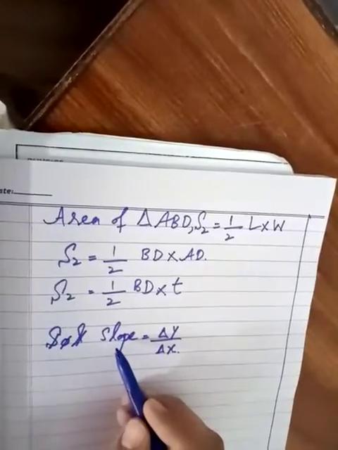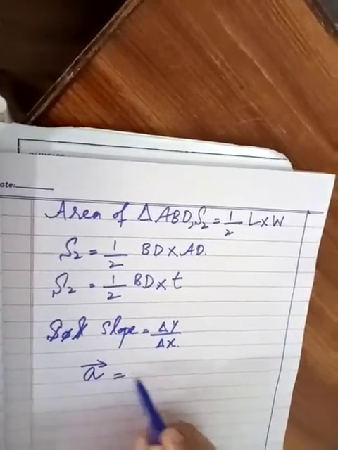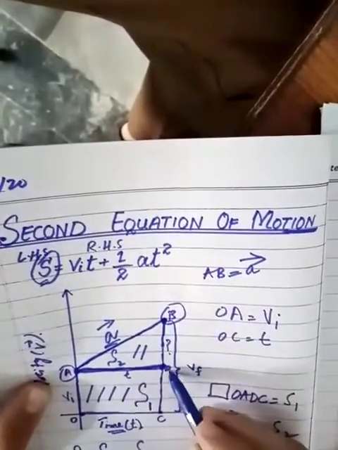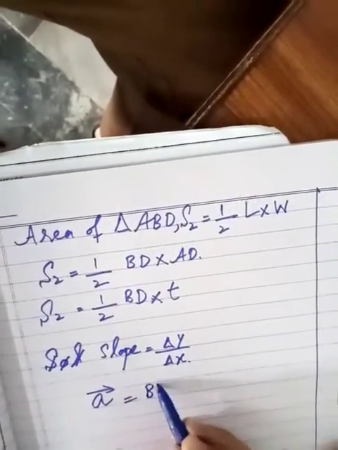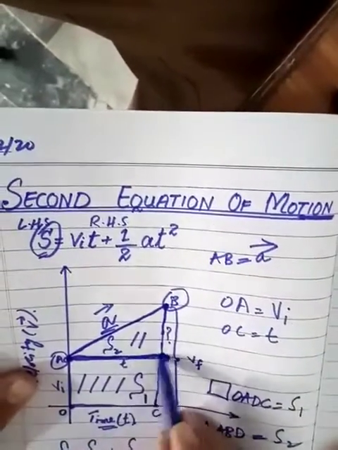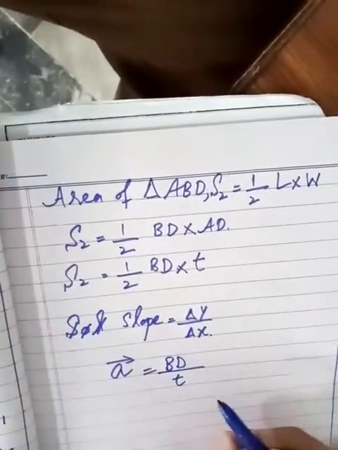So here we can put acceleration instead of slope, and the vertical axis, y-axis, is from B to D. So delta y is BD, and delta x, the x-axis, is AD, which is time t. So here we will put time t.